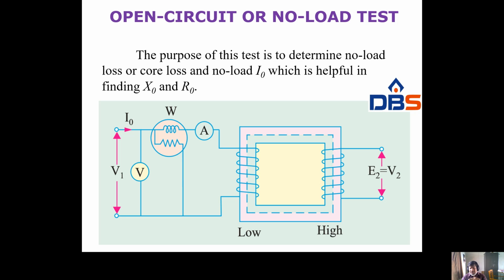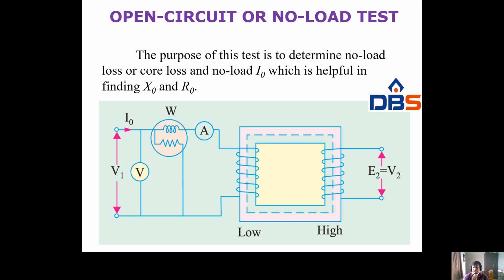Now the procedure, or execution, of this test: first of all, put the variac or single phase auto transformer in minimum position. Switch on the supply, and vary the variac slowly. Put the rated voltage on the voltmeter, that means the voltmeter shows 115 volts.